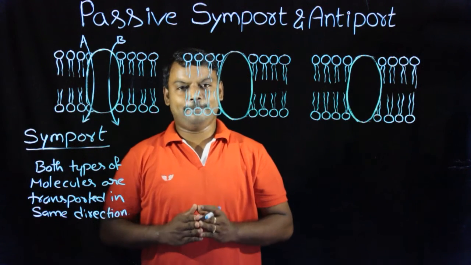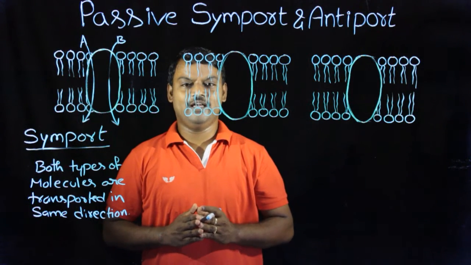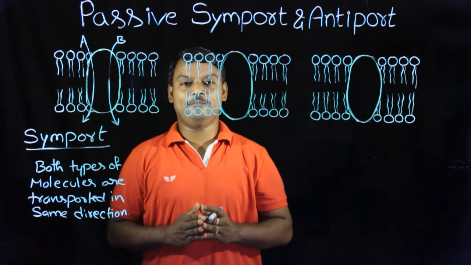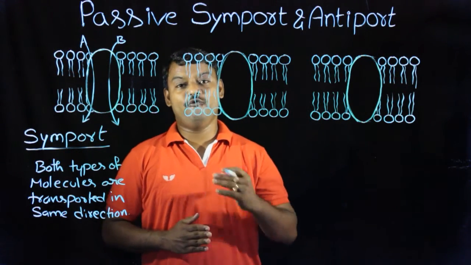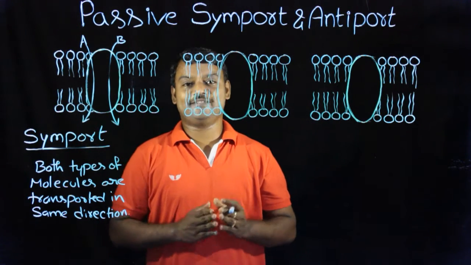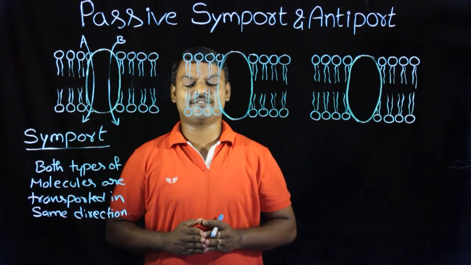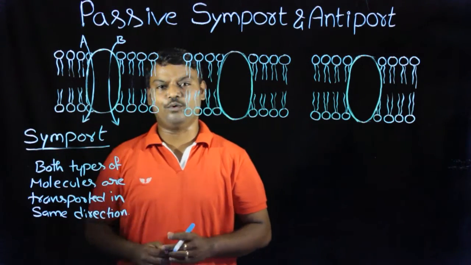To take an example in plants, especially in photosynthesis, the leaf is the main site for the synthesis of food materials, and these food materials are transported in the form of sucrose. At the time of phloem loading, both sucrose and H+ ions are transported by the protein transporters in the same direction. It is an example for Symport.